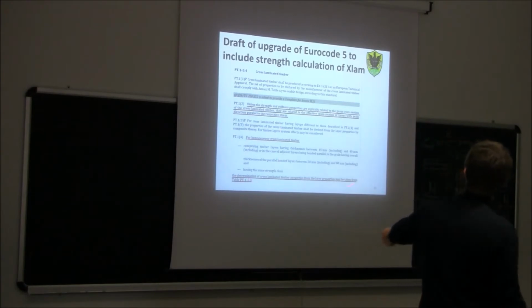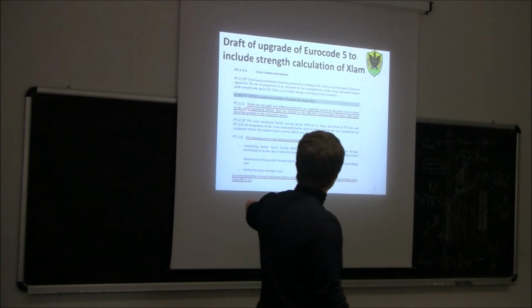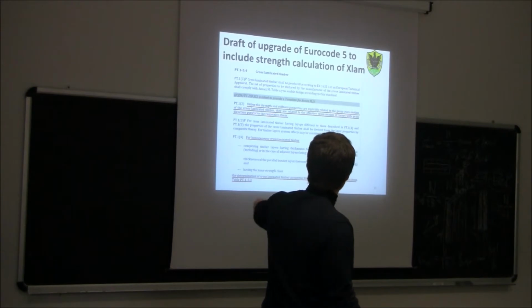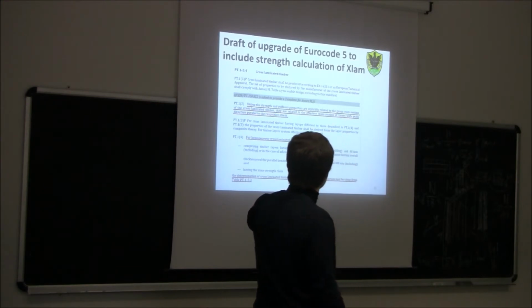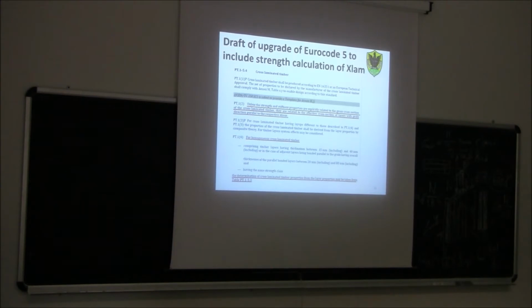Also, this paragraph, which is taken from the new version of the Eurocode 5, says that unless the strength and stiffness properties are explicitly related to the gross cross-section of the cross-laminated timber, they are related to the effective cross-section, the layers with grain direction parallel to the respective stress. So what we said yesterday: basically we don't need to take into account the layers perpendicular to the grain, multiplied by the Young's modulus perpendicular to the grain.